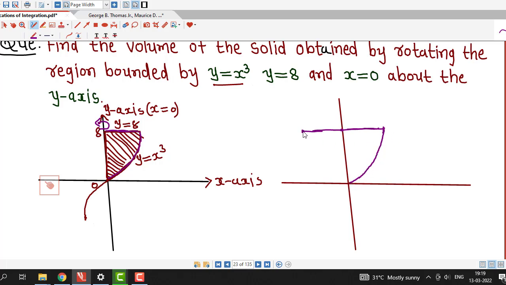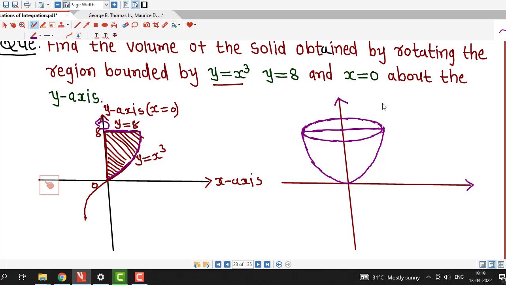So here we will have this type of shape. We are considering mirror image of y equal to x cube with respect to y-axis, so we may have this type of shape. Okay, let me sketch it properly. So we will have this type of solid which will be generated by revolving this region about y-axis.